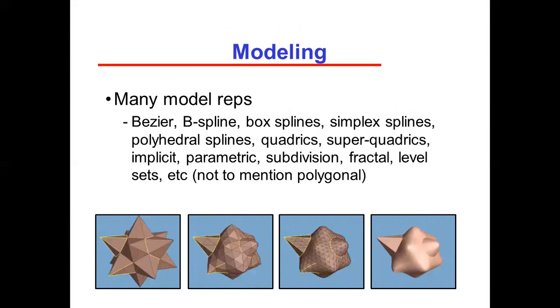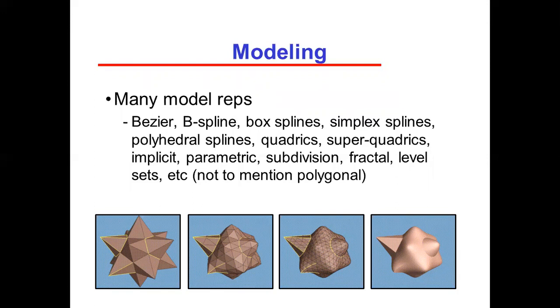Now there is a big role of modeling. We can develop a number of models with the help of various lines. So there are Bezier curves, B-spline, box spline, simplex spline, polyhedral splines, quadrics, etc. With the help of these, we can combine different types of curves or lines, and then we ultimately get a model.